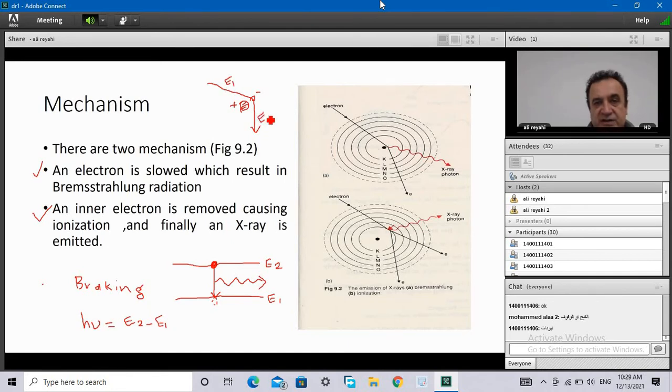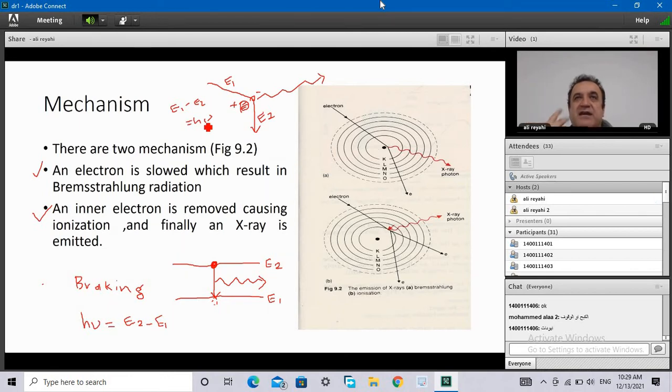Energy after deviation will be E2. E1 minus E2, a photon is produced.